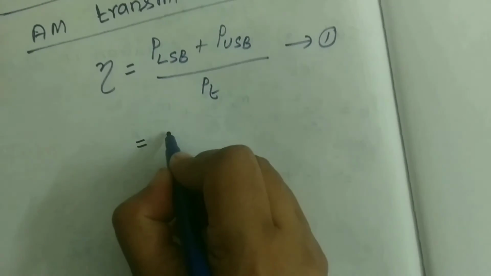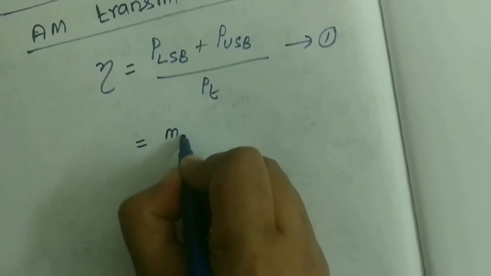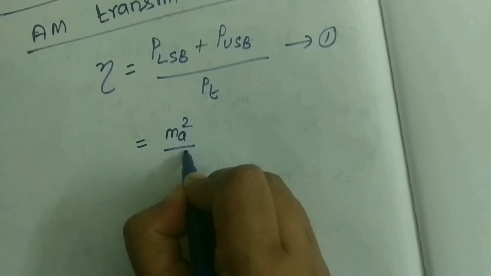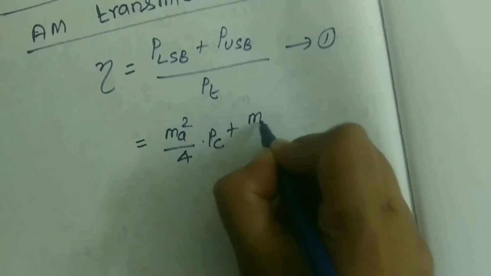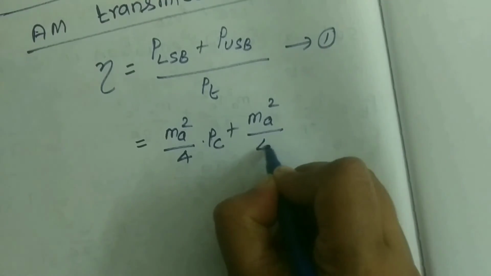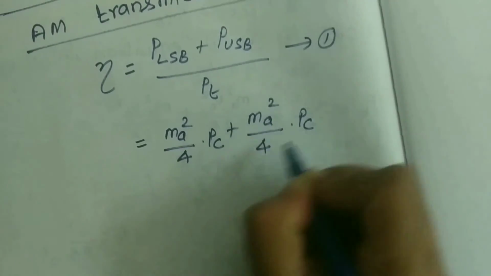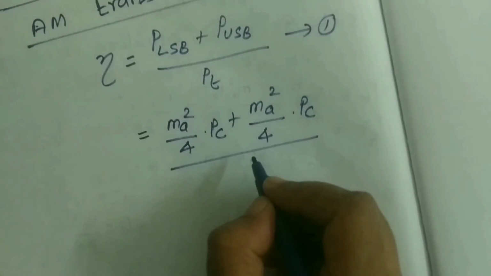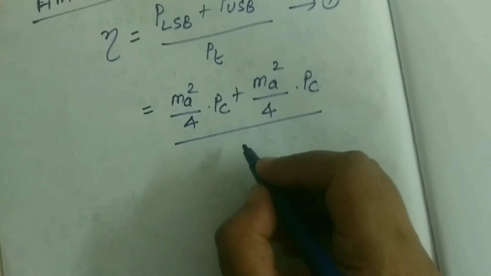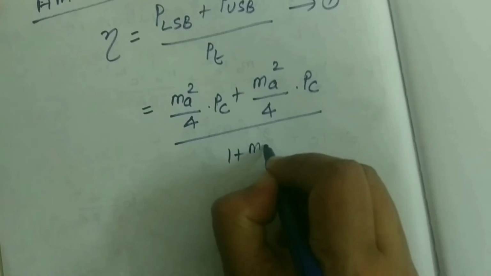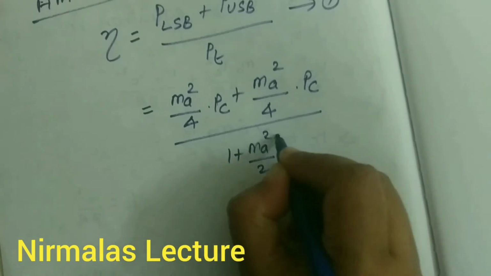Lower side band power is ma squared by 4 into PC, plus upper side band power is the same thing, ma squared by 4 into PC. Total power is 1 plus ma squared by 2 into PC.